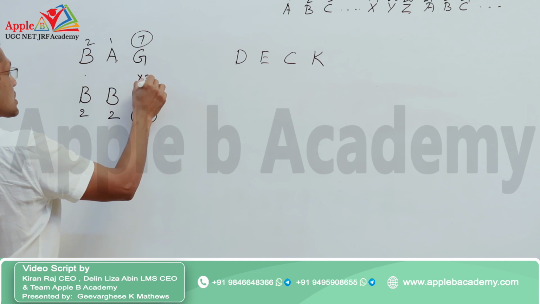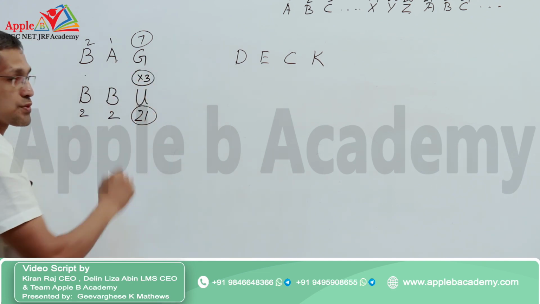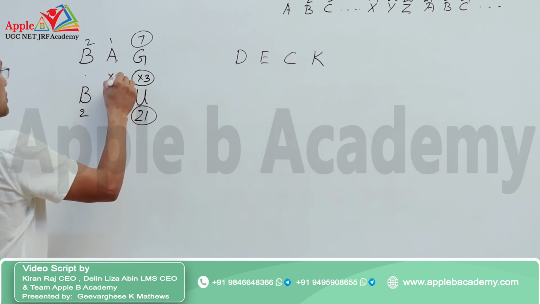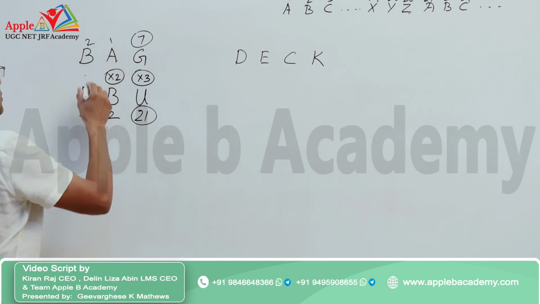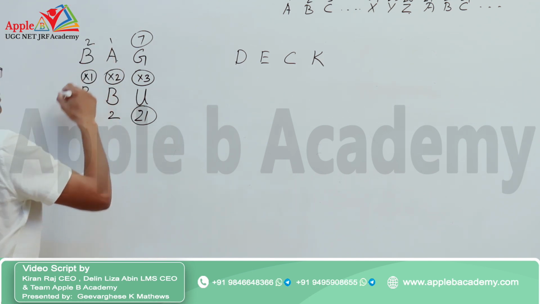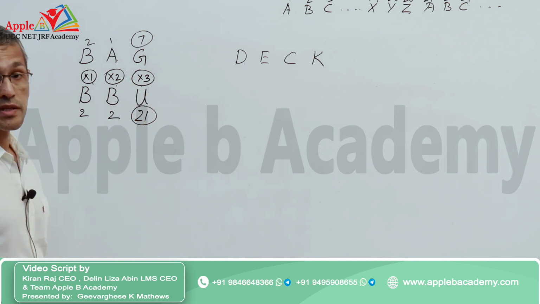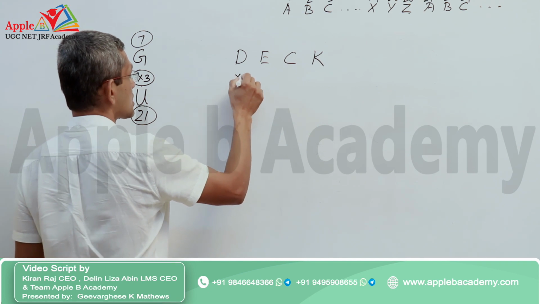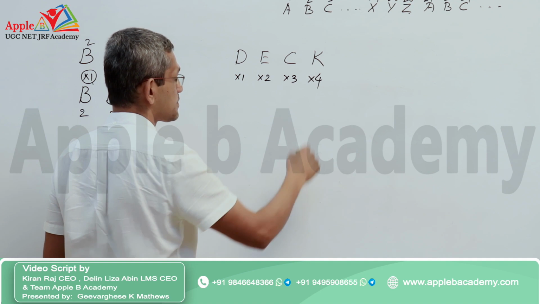Probably 7 into 3 is 21. How about 1 and 2? 1 into 2 is 2. And 2 into 1 is 2. So into 1, into 2, into 3. That's an interesting pattern. So in this case, deck is into 1, into 2, into 3 and into 4.